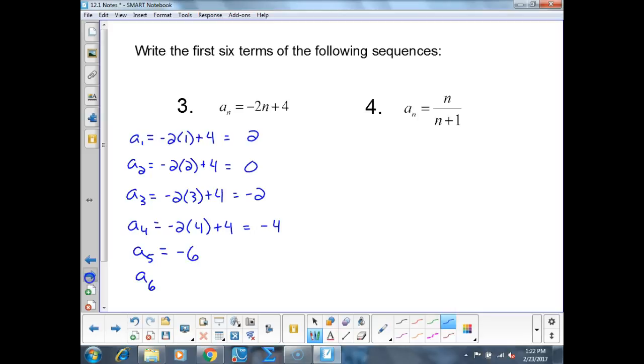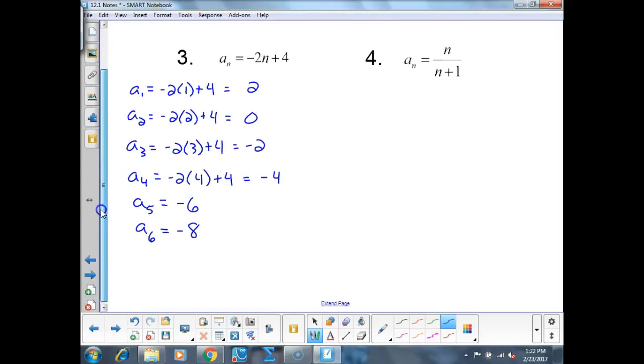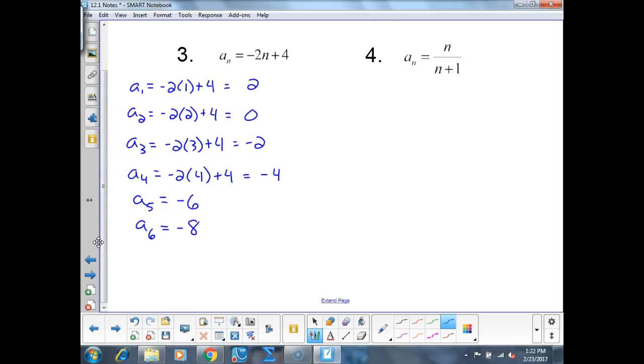And the last one, a sub 6, would then be negative 8. If you can see the pattern and you have confidence in your abilities, use it. So this sequence would be 2, comma, 0, comma, negative 2, comma, negative 4, comma, negative 6, comma, negative 8.